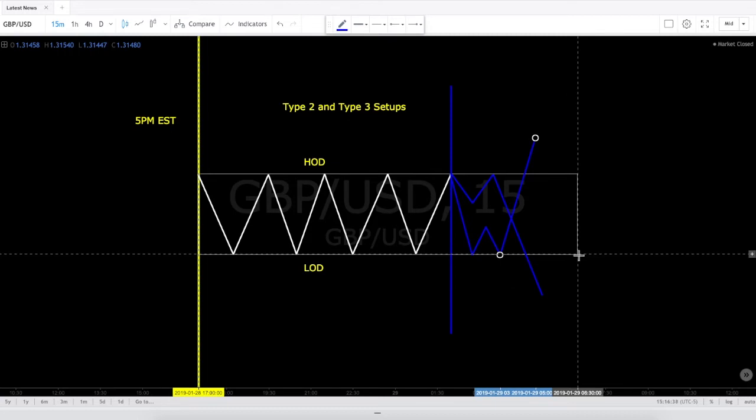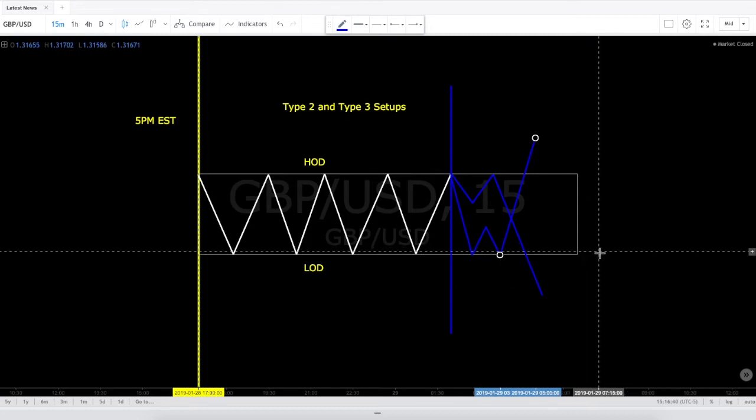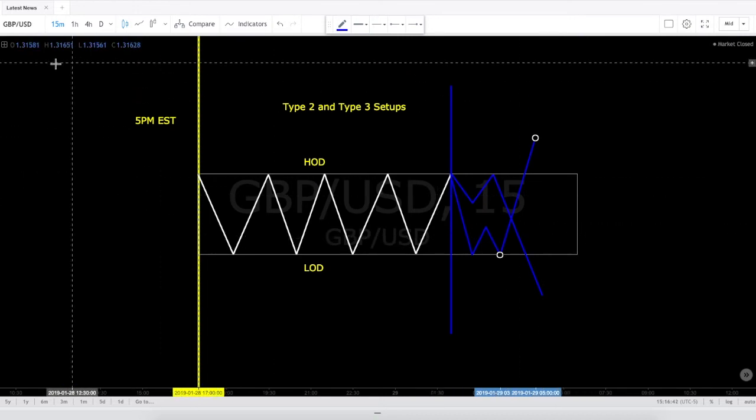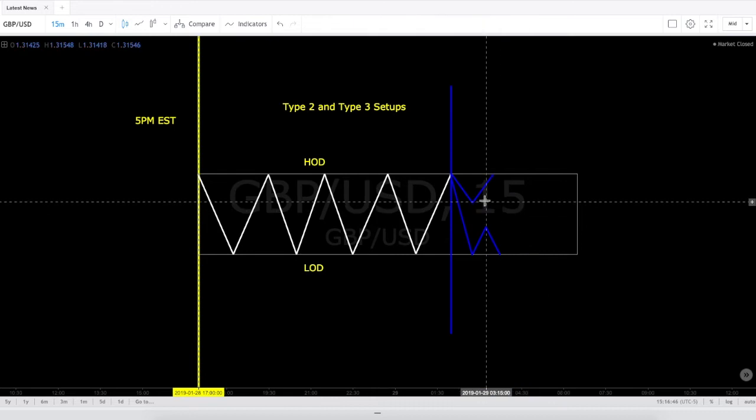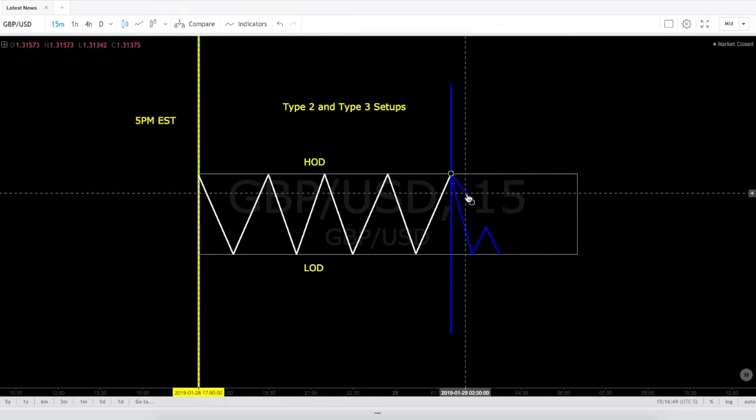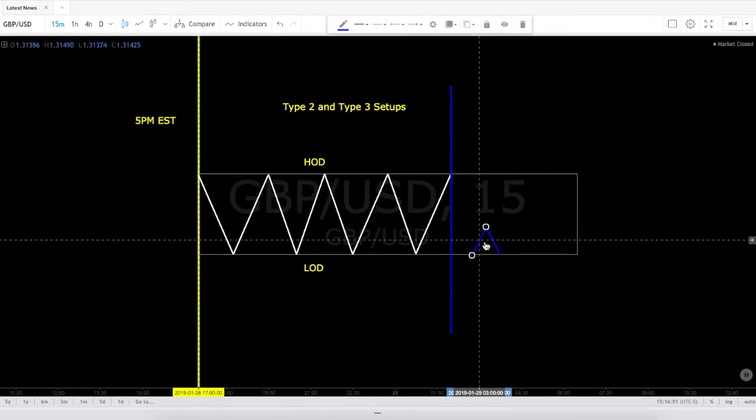Now, of course, it can form during the U.S. session, so you could have a situation where price literally doesn't do anything but consolidate all the way through London and then into the U.S. session, and you don't get the setup until the U.S. session. That has definitely happened before, so just be aware of it.